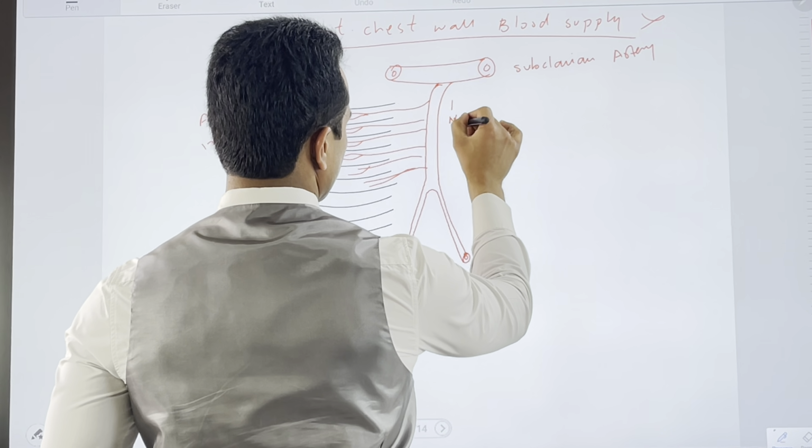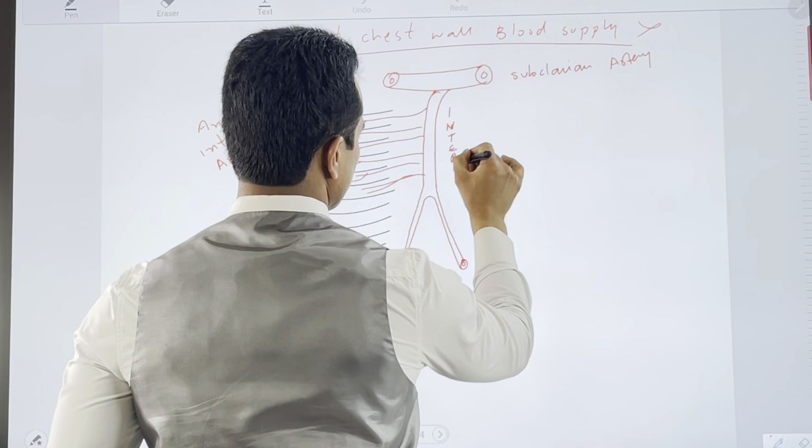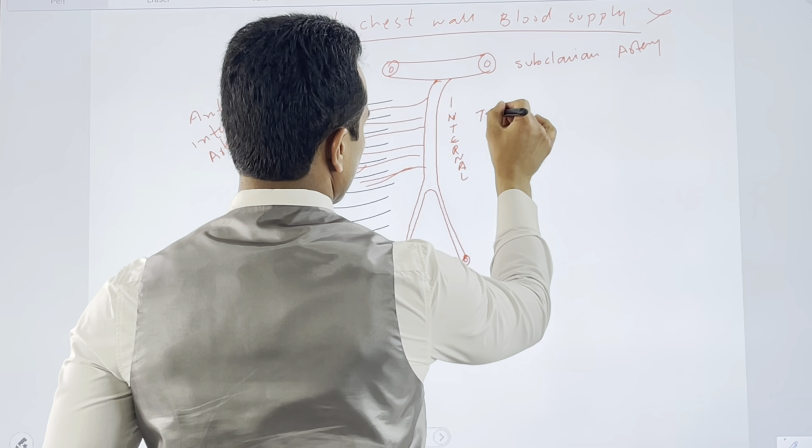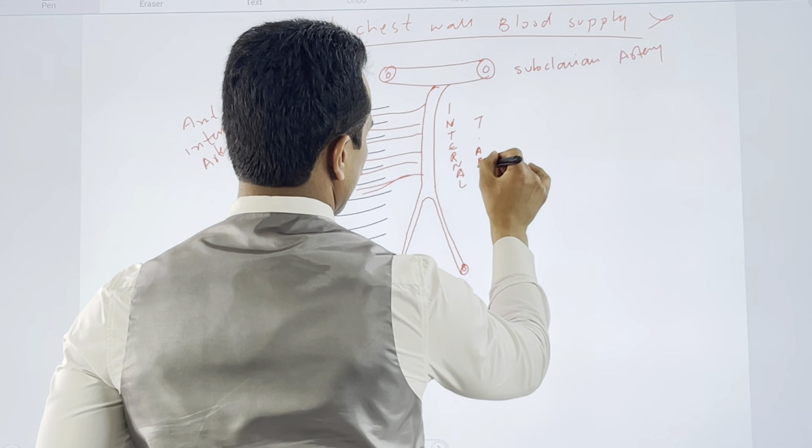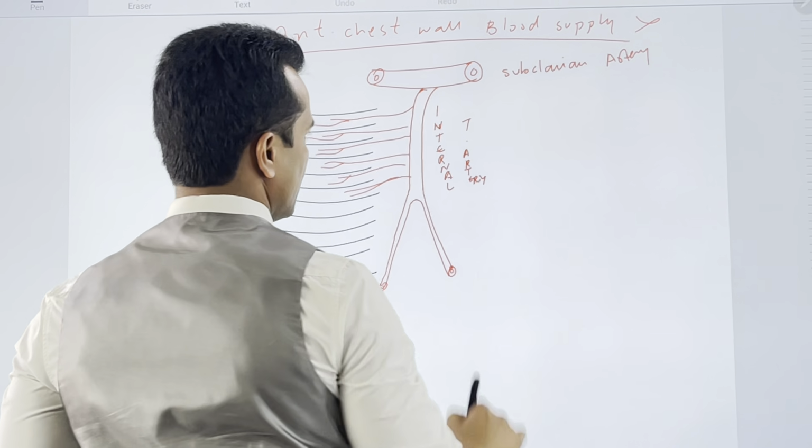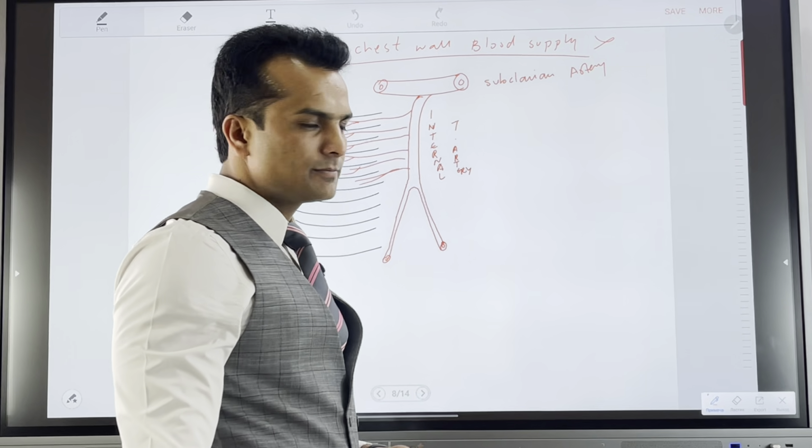Here is your internal thoracic artery, also known as the internal mammary artery.